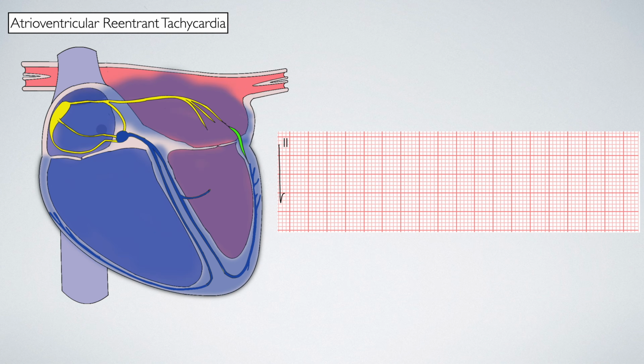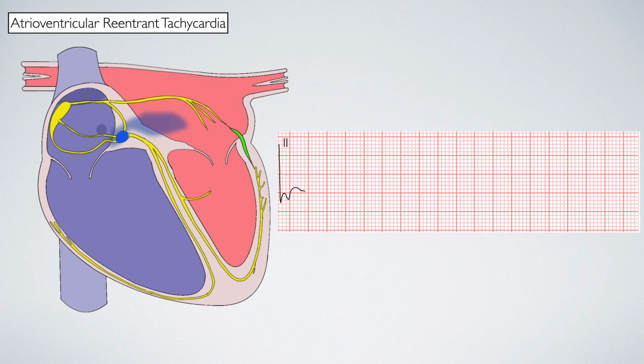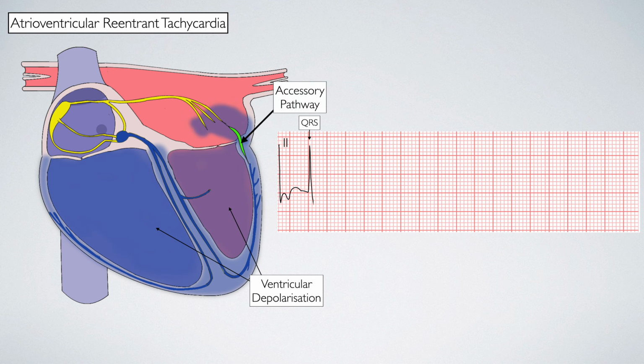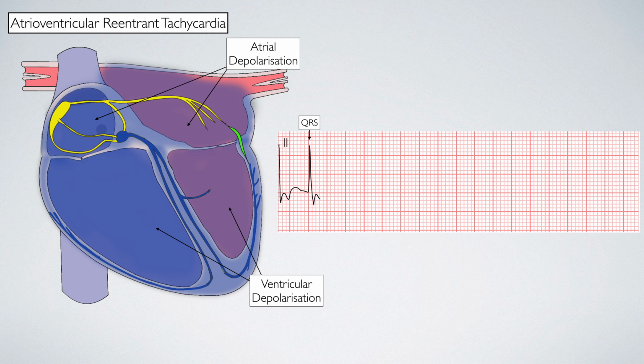The electrical impulses are conducted through the AV node and the His-Purkinje system into the ventricles. Ventricular depolarization produces a narrow QRS complex on the ECG trace. As the ventricles depolarize, impulses are conducted through the accessory pathway into the atria, leading to atrial depolarization momentarily after ventricular depolarization.